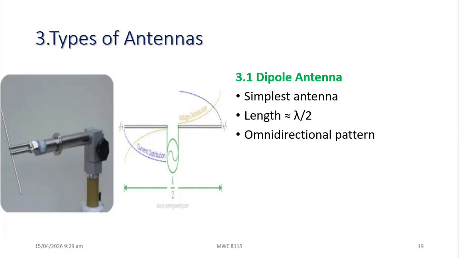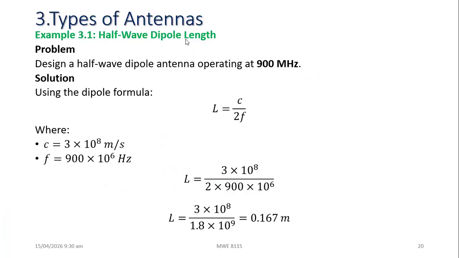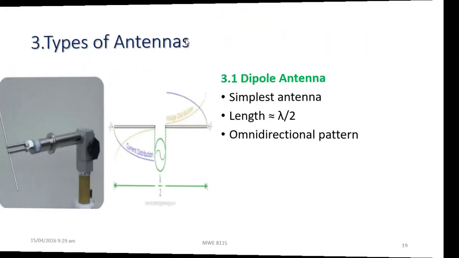Okay, so let's move on now and look at types of antennas. There are several types of antennas, but we'll start with one of the basic antennas, known as a dipole antenna. What is key to take note of is that it has two wires, as you can see here.